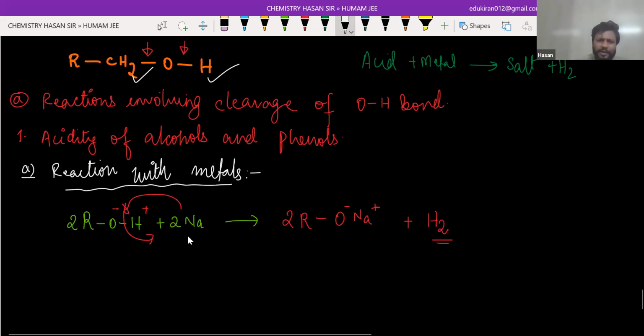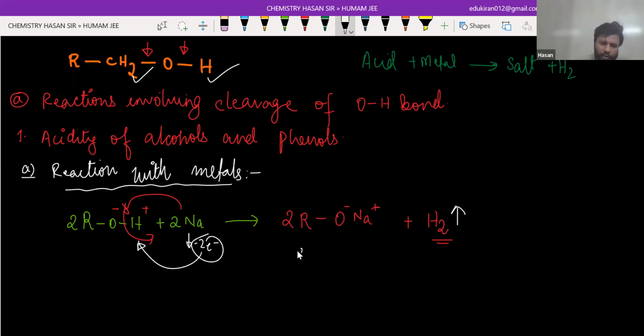See what happens. This loss of 2 electrons will take place, and these 2 electrons will be gained by 2 hydrogen and form H2 gas, and this we call sodium alkoxide. In the same way, whenever an alcohol is going to react with metal, it will give you salt plus hydrogen gas.